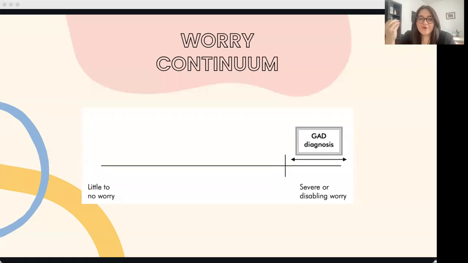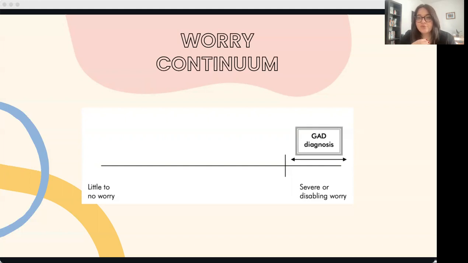Now, the action of worrying, although it's a very important theme in generalized anxiety disorder, it's also completely normal, right, for all of us to worry during our everyday lives. In fact, worrying can even be adaptive at times, right? Because it helps us anticipate and prepare for certain situations or outcomes or consequences. So it's really helpful to think of worries as existing on this continuum, right?